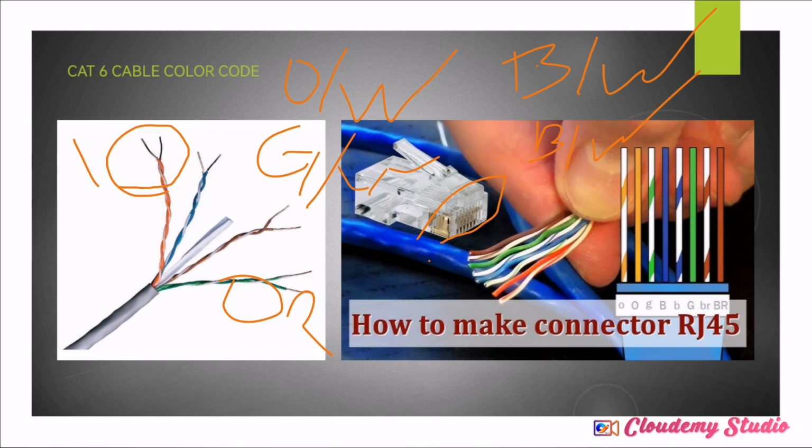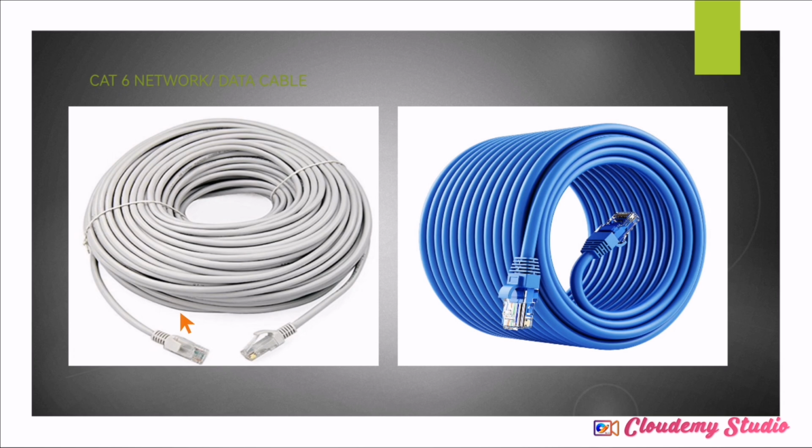I will show you the crimping tool, the tool that we use to make this complete cable. Once you crimp it, you're going to have a complete cable like this. So from this end and this other end, you make a complete network cable.